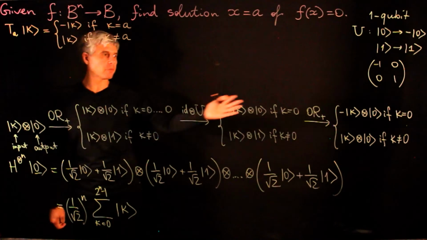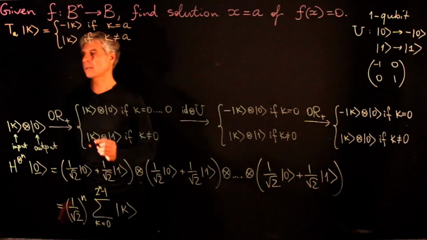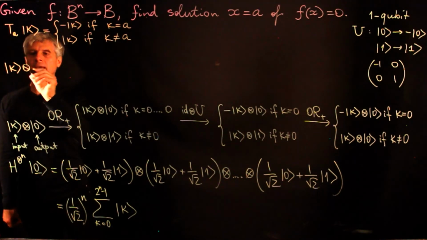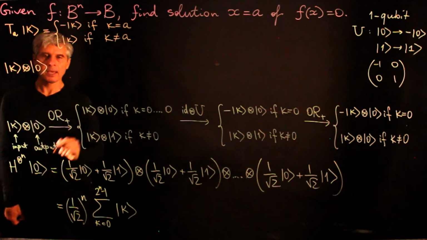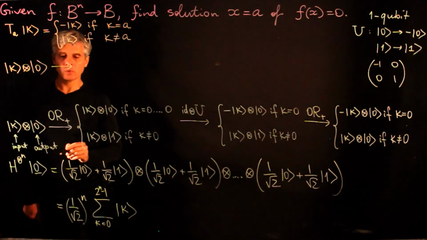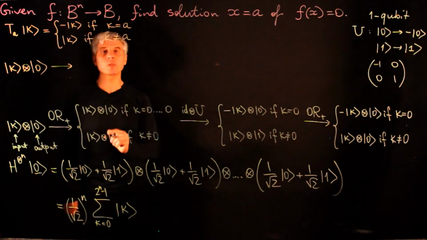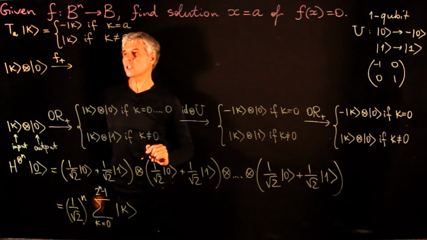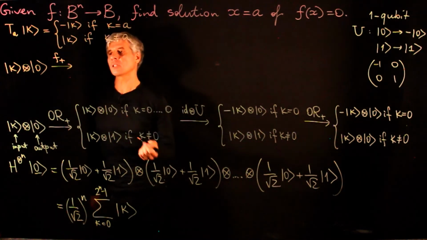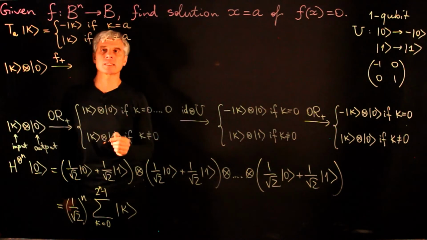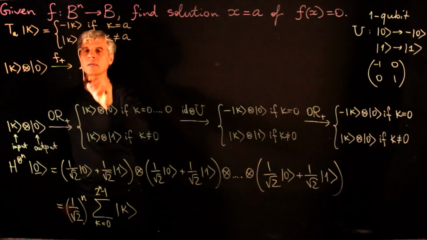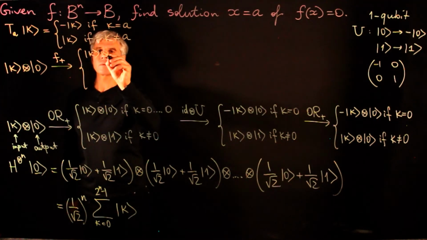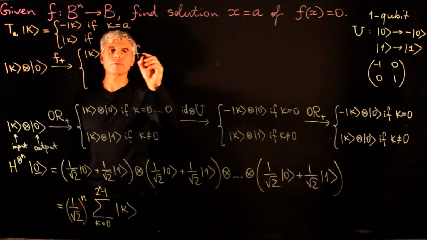Basically, the computational scheme is very similar. We start with input k, and we add an extra bit 0. Then, instead of OR plus, we use the function f plus. So f is a computable function; there is a classical computation that implements f plus. And here the result will be k tensor with 0 if k is equal to a.